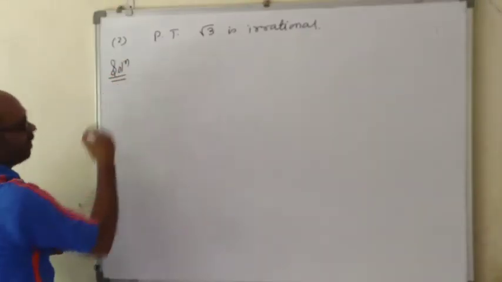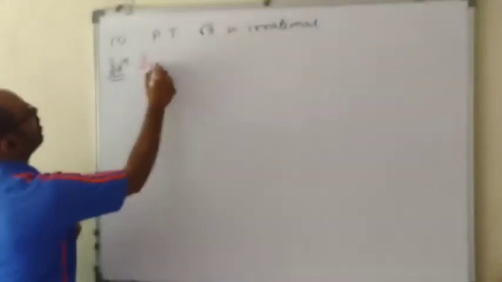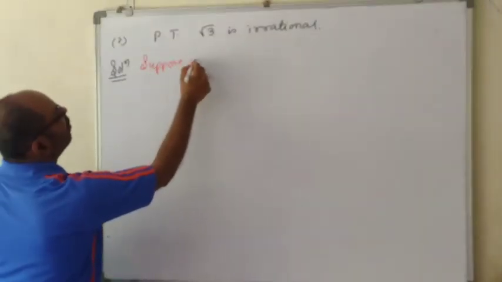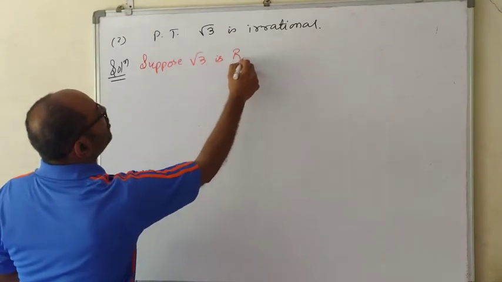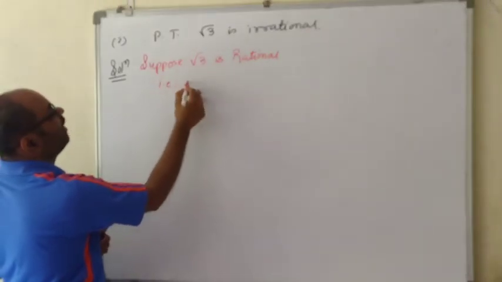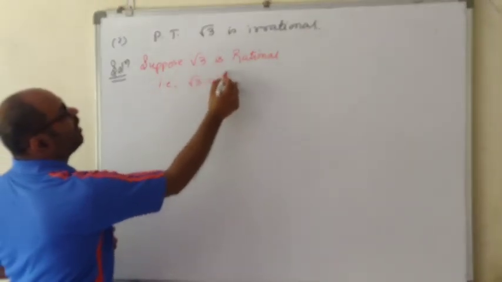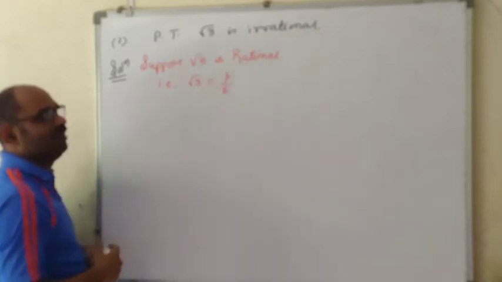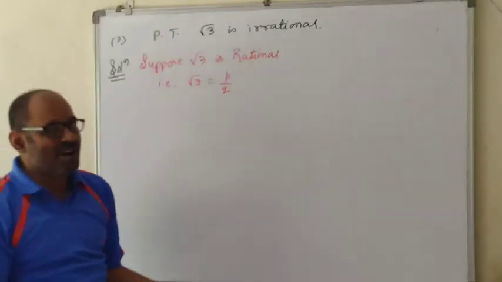Solution. I start with the supposition. Suppose root 3 is rational, that means root 3 can be written as p upon q. Instead of a upon b, I wrote p upon q.